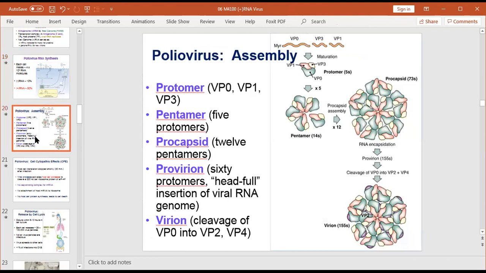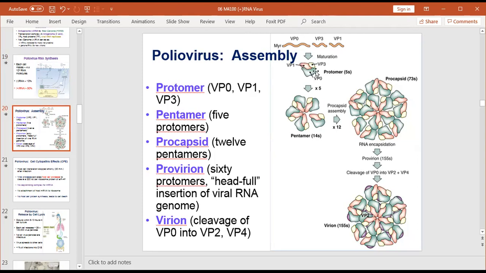We have discussed slide number 20 a couple of times before. Poliovirus assembly: the viral proteins VP0, VP1, VP3 are produced as a result of autocatalytic cleavage of the single protein and further cleavage. So we have these three called protomers.